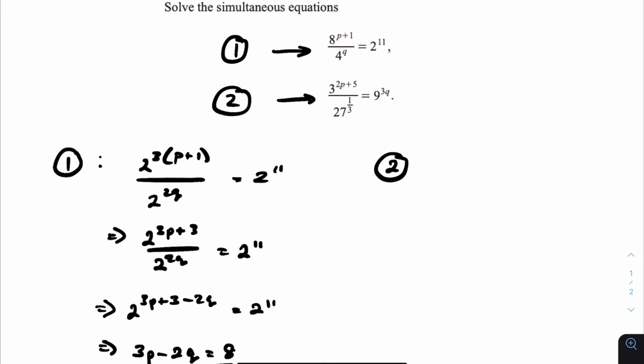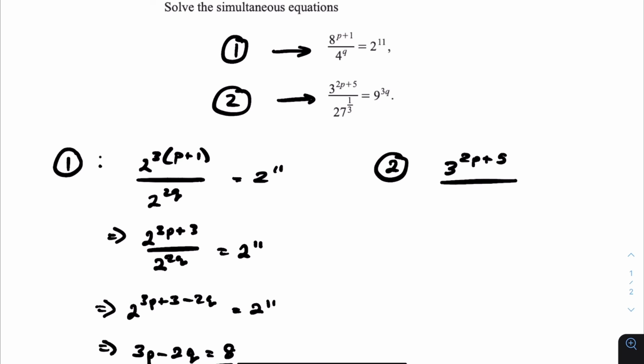For equation 2, we see that all the numbers in here have 3 as a common factor. As a matter of fact, they're all powers of 3. The first number is just 3, so that's okay to leave right now. We're dividing it by 27 to the power of a third. 27 to the power of a third is the same as the cube root of 27, which is just 3.